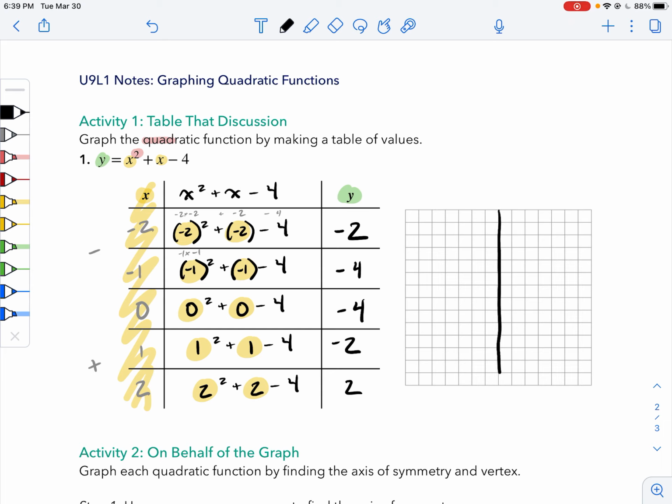Typically, it's easy to put your x and y axis right in the middle of your graph paper, but you want to use your space well. So let's look at our x's. Let's look at our domain. Our domain is all our x values, and that needs to go from negative 2 to 2.